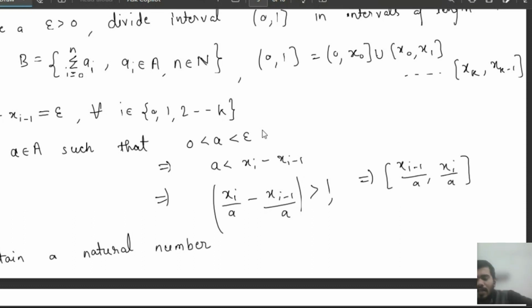Any interval which has length more than 1 has to contain a natural number, because two consecutive natural numbers can be at most as far apart as 1, and the length of this interval is more than 1.